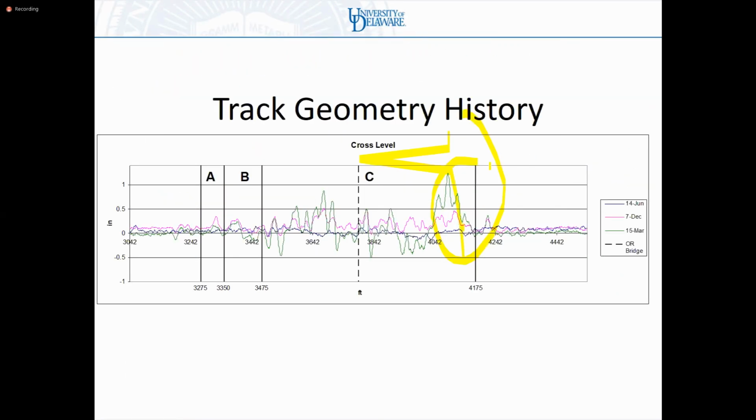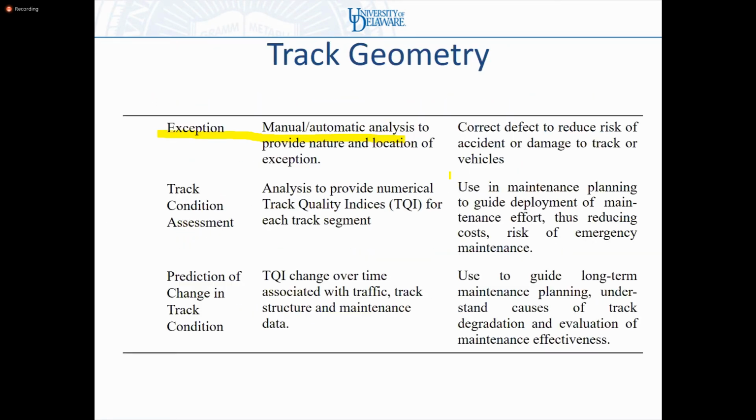I monitor my standards, and let's say this was my maintenance point. All of a sudden, I have to do maintenance. That's at each point-to-point location. Most track recording cars measure about every 0.3 meters, roughly every 300 millimeters, or every foot.